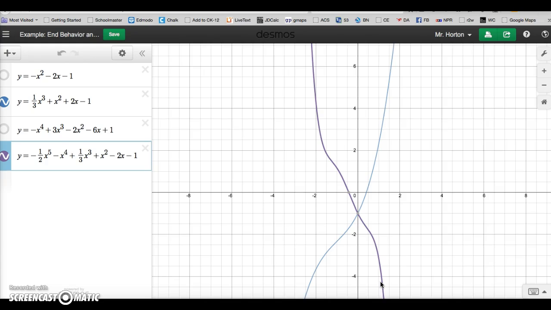But to summarize, even degree polynomials should have up and up behavior if a is positive, and if a is negative, they will have down and down behavior. And odd degree polynomials, if a is positive, will have down and up behavior. And if a is negative, it will have up and down behavior.